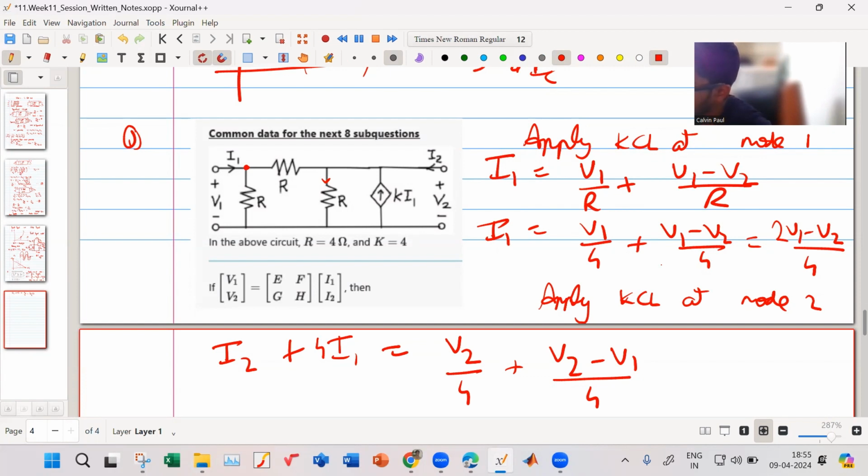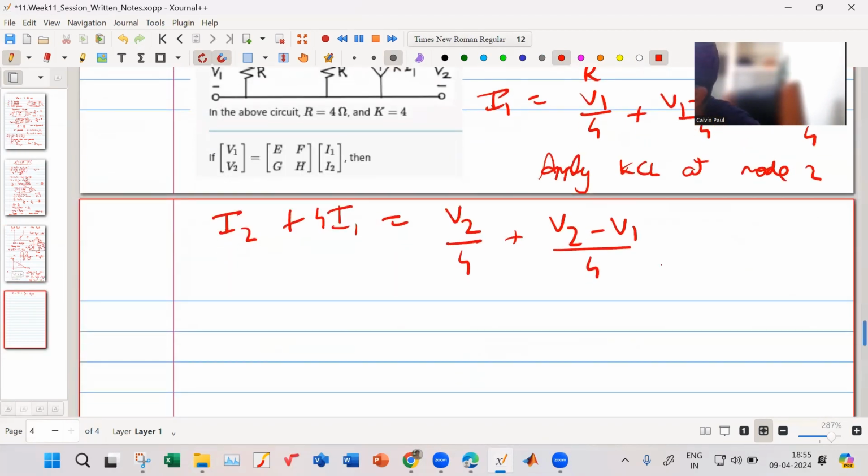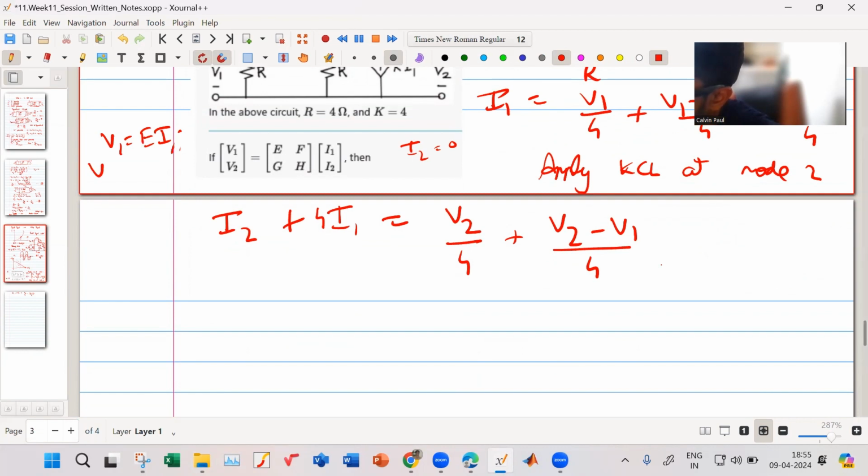Still, you have to simplify it. If you put I2 equal to 0 over here, what will you get? You will get V1 equal to E into I1 and V2 equal to G into I1, right?